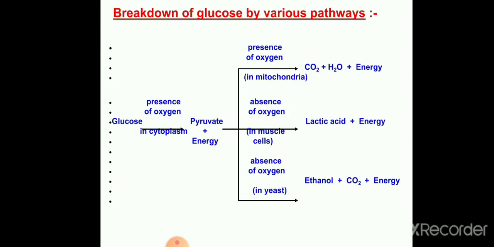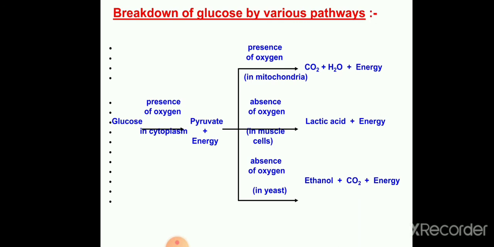Now we will see how the breakdown of glucose is done by various pathways. Glucose is broken down in the cytoplasm, and pyruvate and energy are created, which get converted into energy in three ways: in the presence of oxygen, in the absence of oxygen, and in the lack of oxygen. In muscles, energy is made in the presence of oxygen, but when there is a lack of oxygen, the muscle cells do anaerobic respiration.